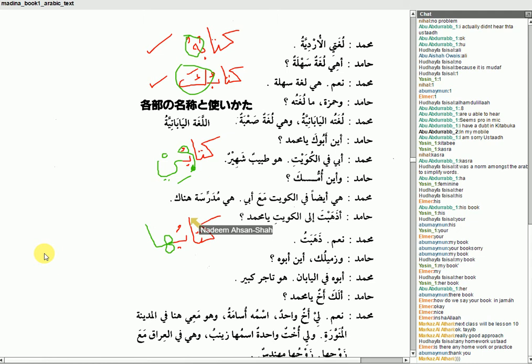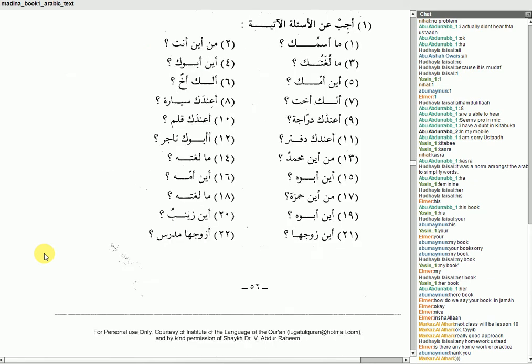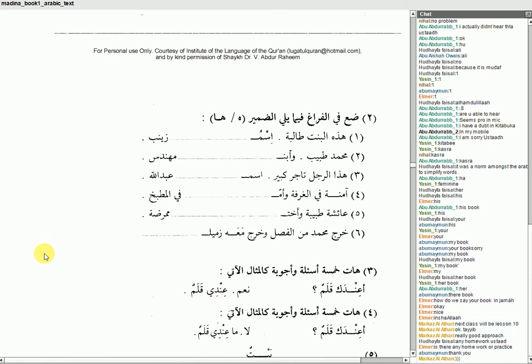So all I would say to you is, for example, you could go to page 57. You guys are hungry, mashallah, to do homework. This area here, okay, exercise number 3 and exercise number 4. But again, I feel that is premature.